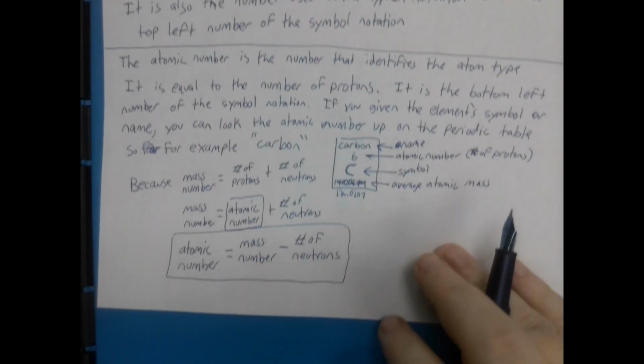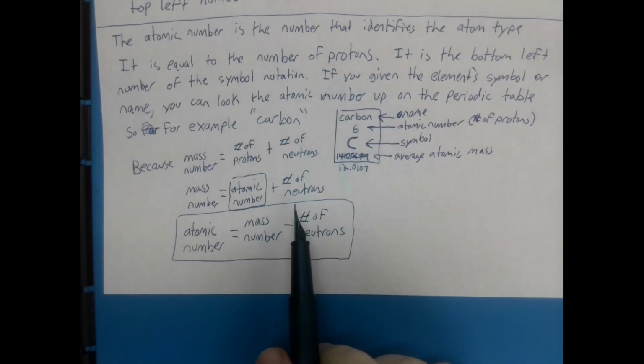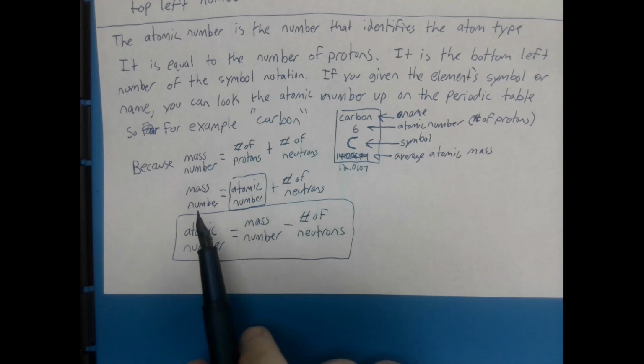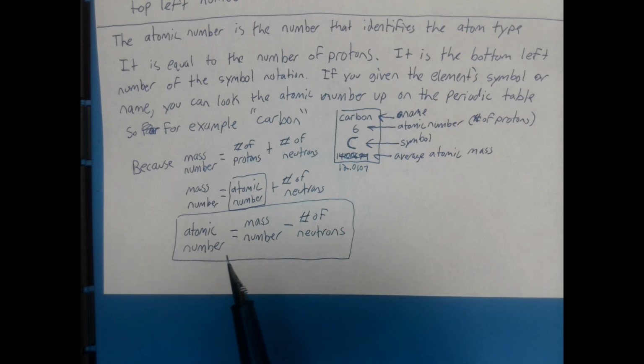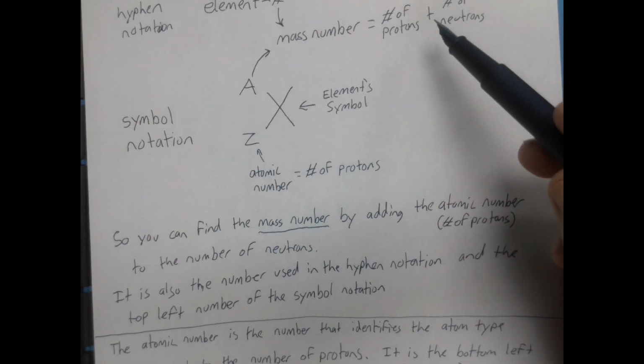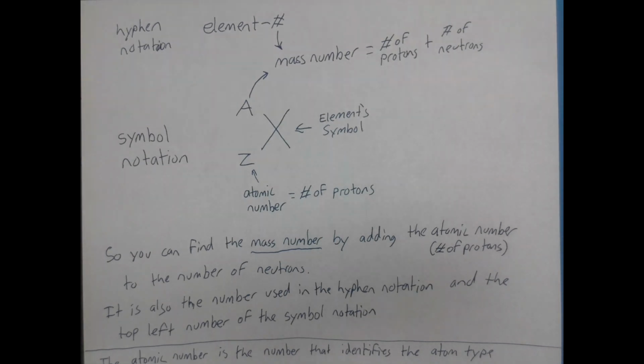I would also say that if you were given the number of neutrons and the atomic number, atomic number plus number of neutrons is mass number. So there are lots of different ways you can calculate the value based on other information. The major definition is mass number is number of protons plus number of neutrons.